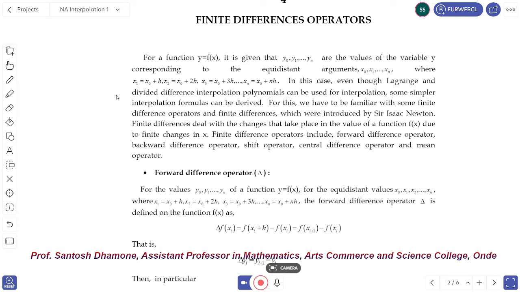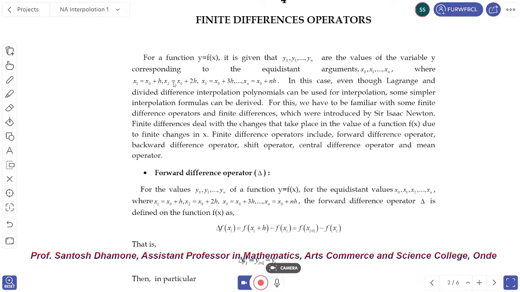That means x1 is h distance away from x0, similarly x2 is 2h distance away from x0 and h distance away from x1. Like this, the last point xn is n into h distance away from x0.